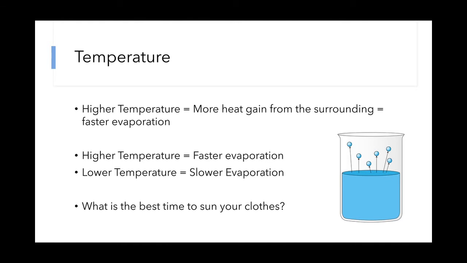If you help out your parents with household chores, like for example sunning the clothes, you should know that the best time to sun your clothes is in the day, especially when the sun is hot at about 12 p.m., 12 to 1 p.m. That's because when the earth is nearest to the sun and the temperature on earth is the hottest, the temperature is highest, so there will be more heat, so the water in your clothes will evaporate faster, so your clothes will dry faster.